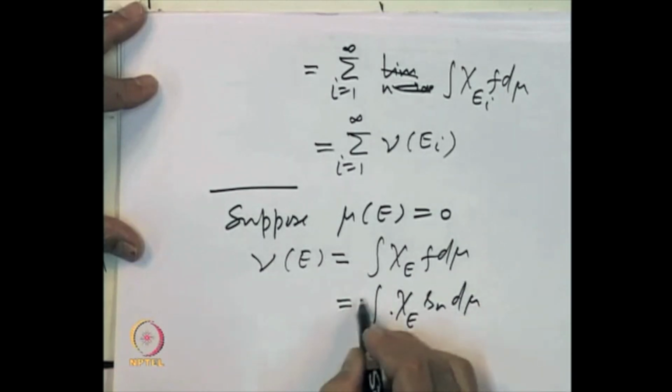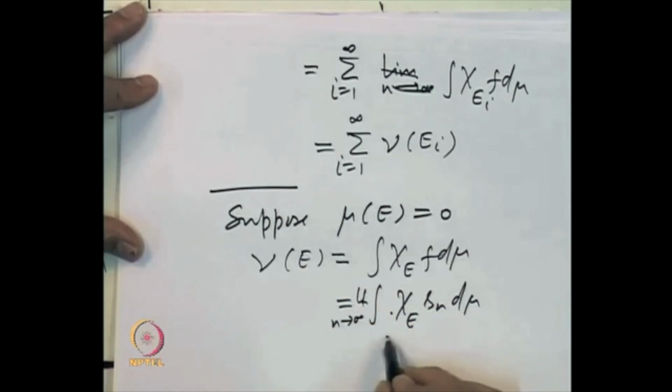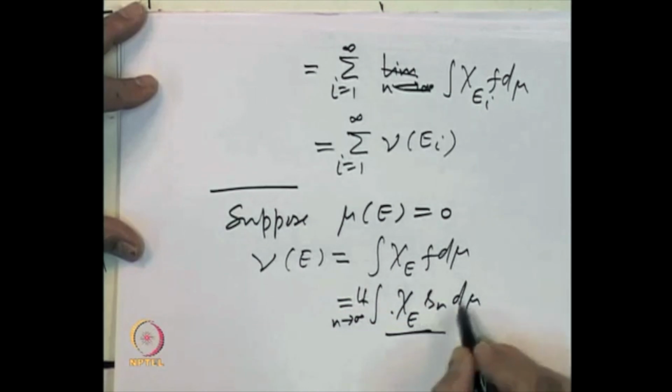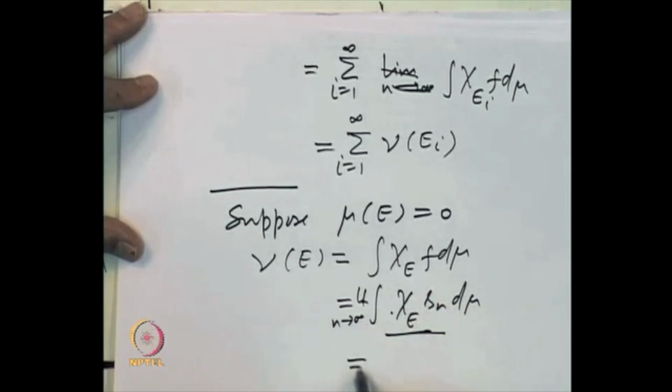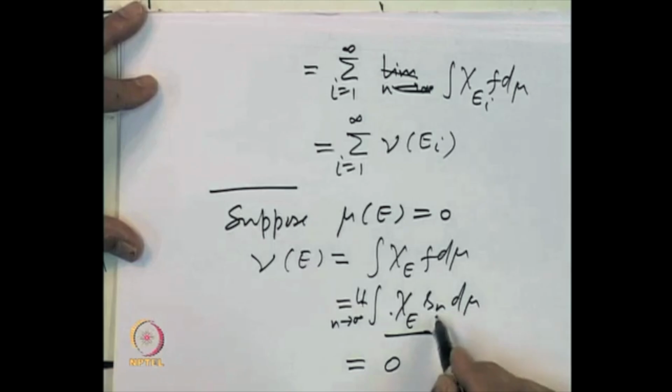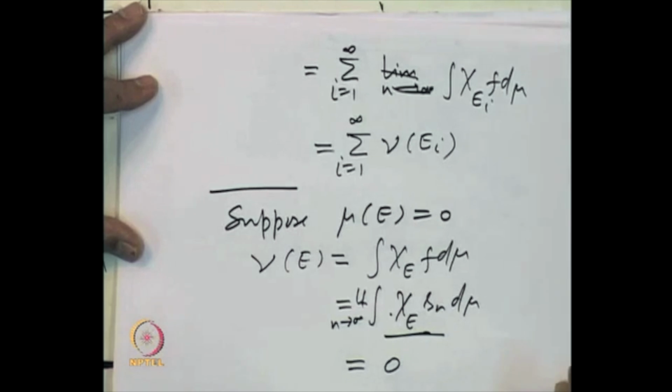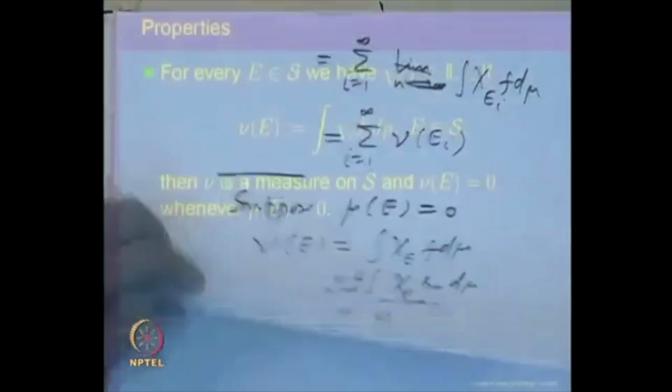So let us write the limit as n going to infinity of this. But mu of E being 0, this integral is 0, so this is equal to 0. So once again, for a non-negative simple measurable function, its integral over E is 0 if mu of E is 0. So that property is being used once again here.